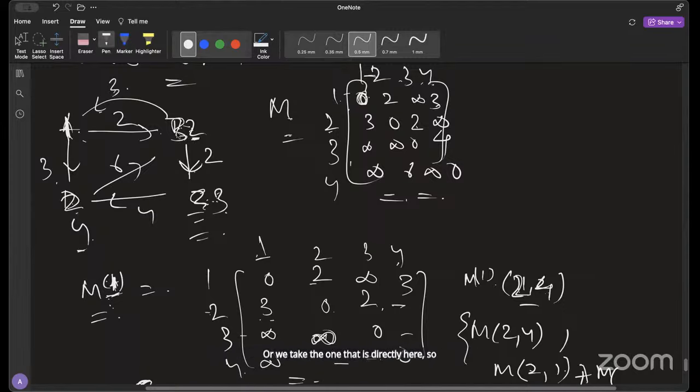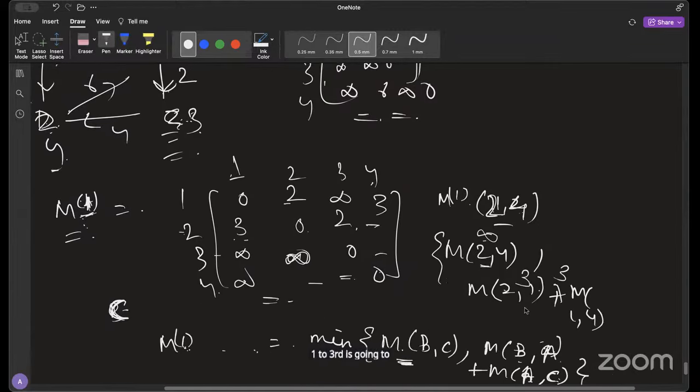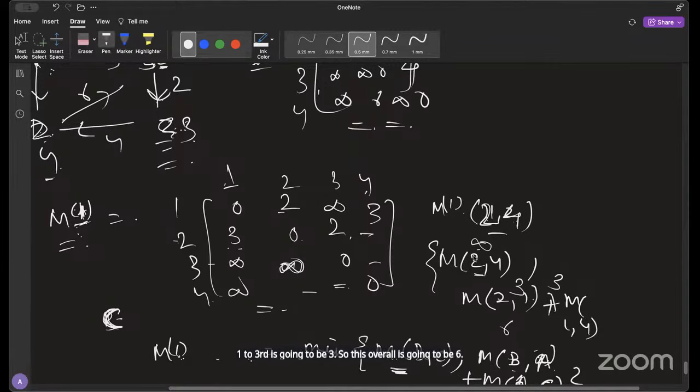So if you go directly from 2 to 4, it's infinity, right? Because you can't go from 2 to 4. And from here to here, 2 to 1 is going to be 3, 1 to 4 is going to be 3. So this overall is going to be 6. This is 6 and this is infinity, and the minimum of these two is going to be 6. So your 2 to 4 entry is going to be 6.